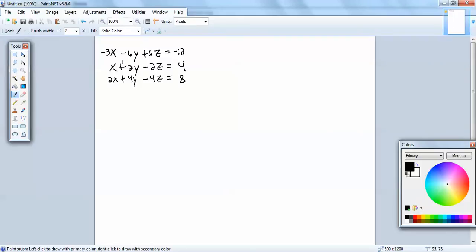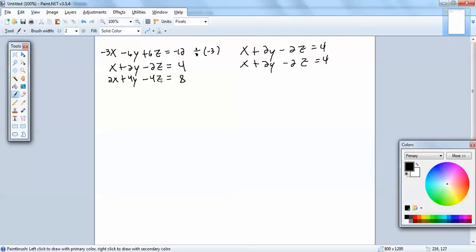Well, first off, if I divided everything by -3 in this first equation, I would end up with x plus 2y minus 2z is equal to 4. This is x plus 2y minus 2z is equal to 4.